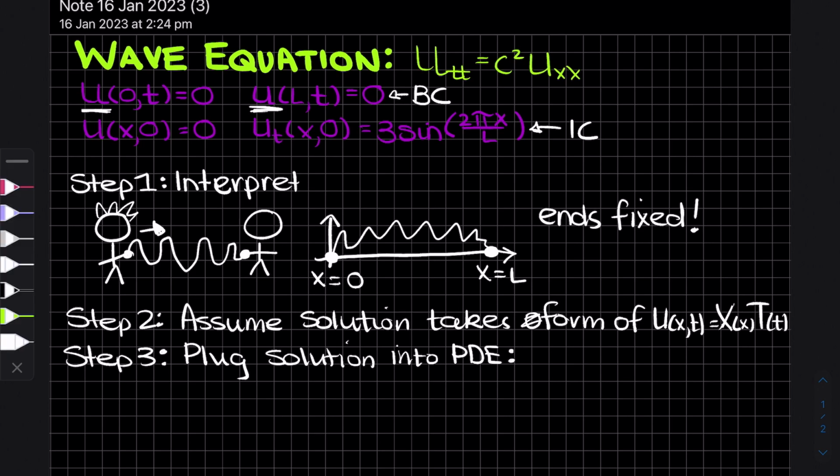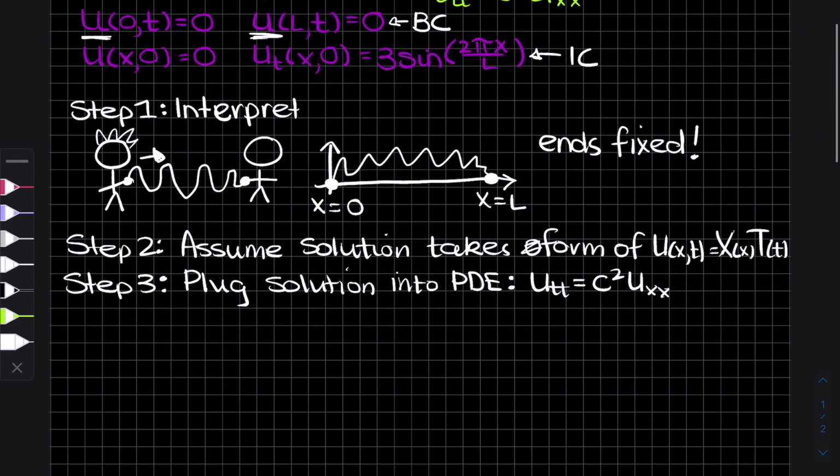So it is just u_tt equals c squared u_xx. So if we plug this solution into the PDE, we're going to end up with something that looks like this, where the double prime is the second derivative.